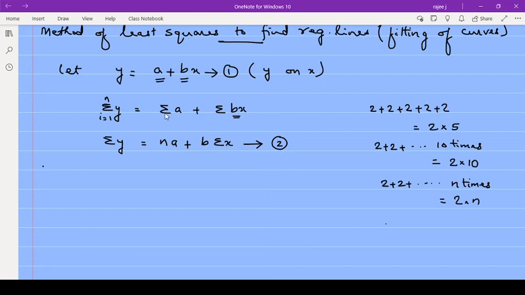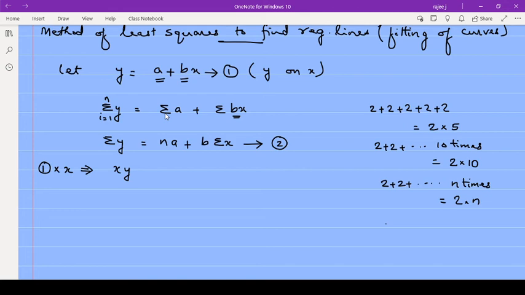Now what I will do is, equation number 1 I will multiply with x. You can multiply this either with x or with y, as you like. So I'm just multiplying equation number 1 with x. Both sides we are multiplying with x.